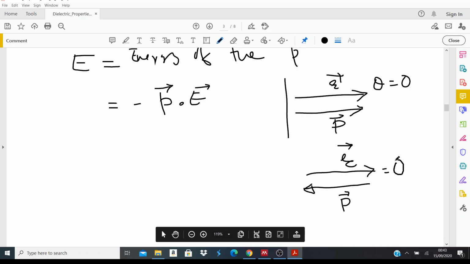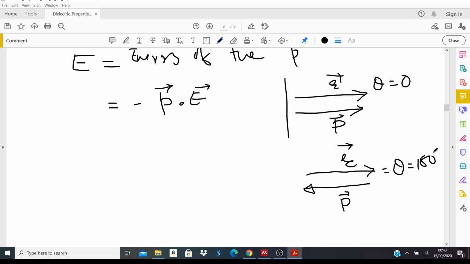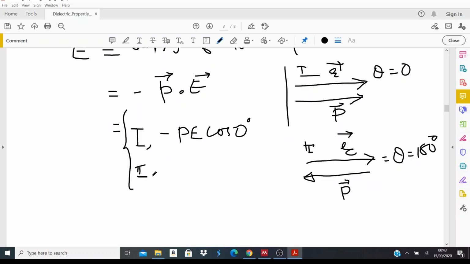For that, theta is 180 degrees. So let's say this is case 1 and this is case 2, and you will see that for case 1, it is minus P E cos theta, where theta is 0 degrees, right? And for case 2, what is the dot product? P and E without the vector sign is just the magnitude of these vectors, right?